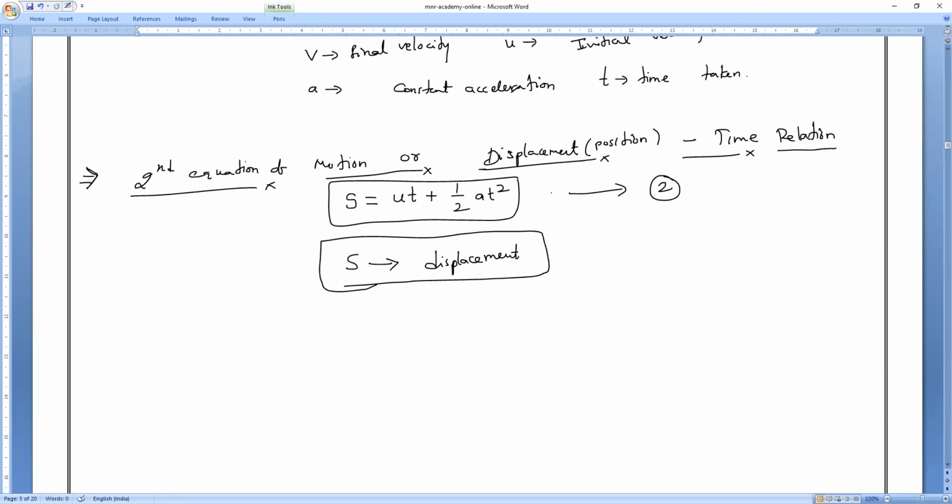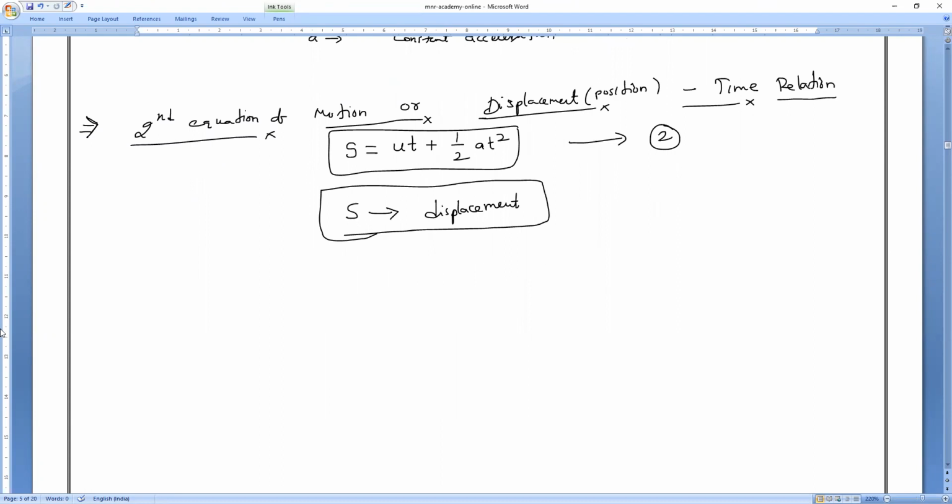So the second equation we can also call the displacement time relation. The third equation of motion is also called the displacement velocity relation.